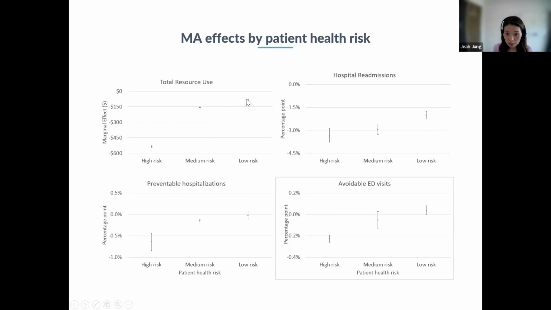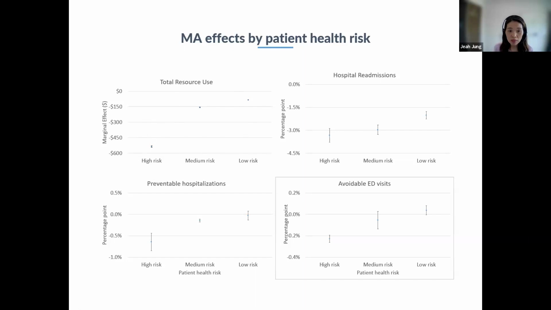But among low-risk patients, MA plans save probably $70 or $80 per member per month. So for high-risk patients, the MA plan saves more. Why is that? Is it because they are cutting even necessary services as long as they are expensive?